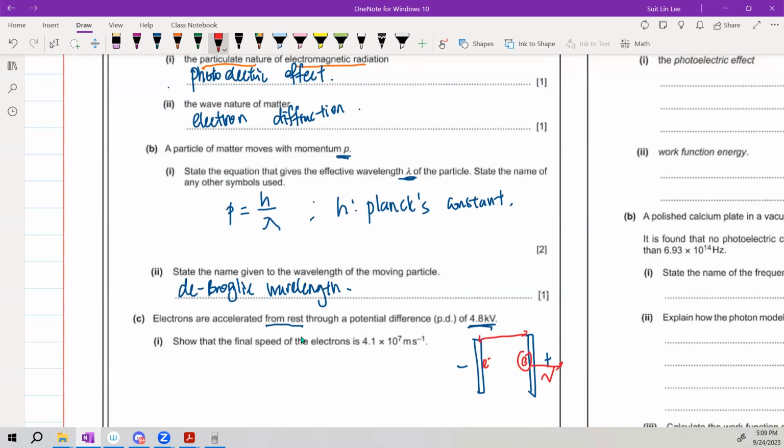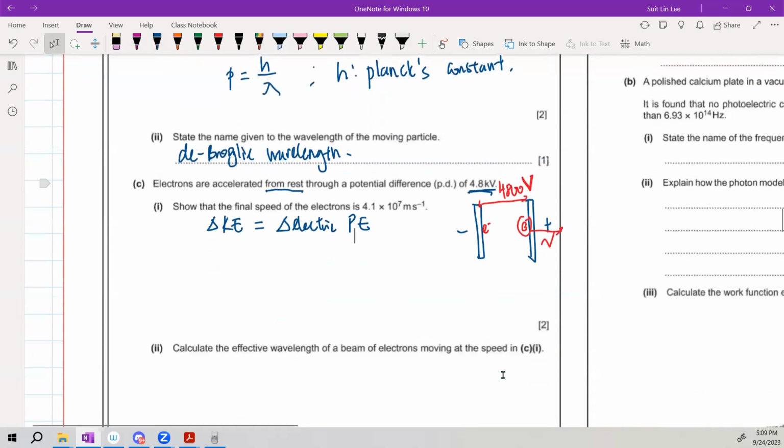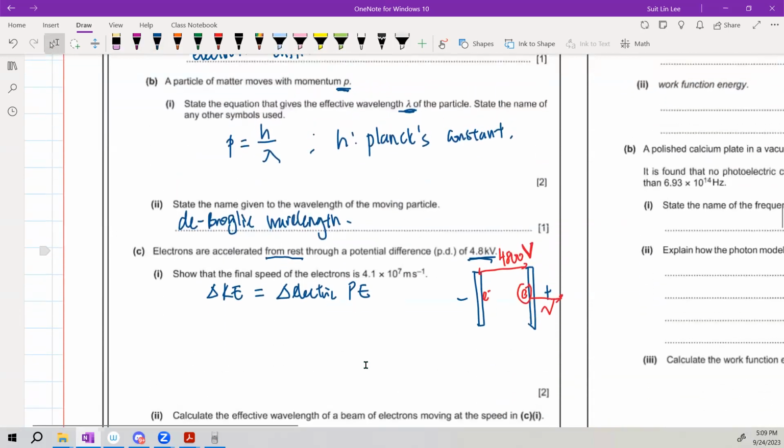The potential difference from here to here is 4800. Okay, so what we're working with is the change in kinetic energy is the change in electric PE. Normally in your A2, if you're able to recall a concept, whether it's conservation of energy or some law or some main idea, it's good to start from there, okay? Because that will guide your working.